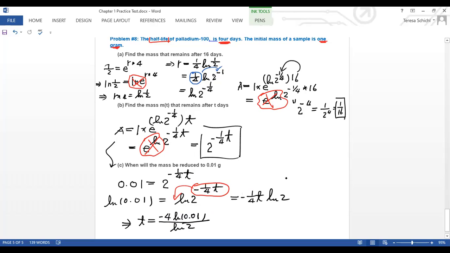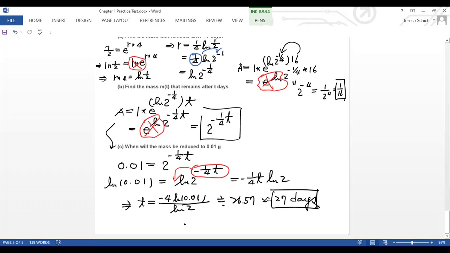Okay, so now you put it into the calculator and you will get something like 26.57. So it's approximately 27 days, right? So for this material, after 27 days, the amount remaining is going to be 0.01 grams here.